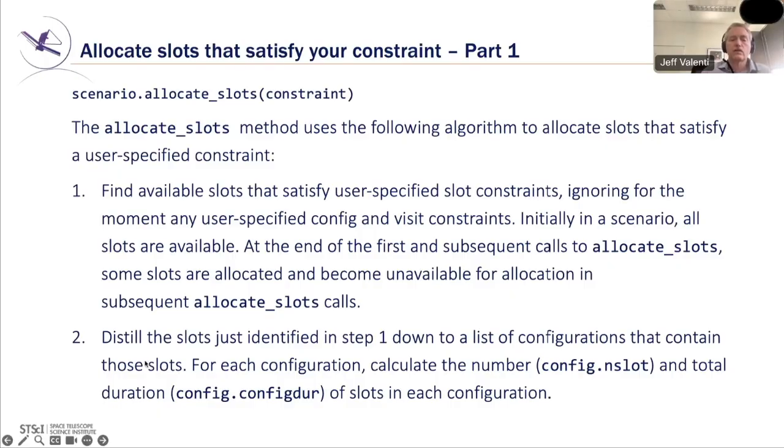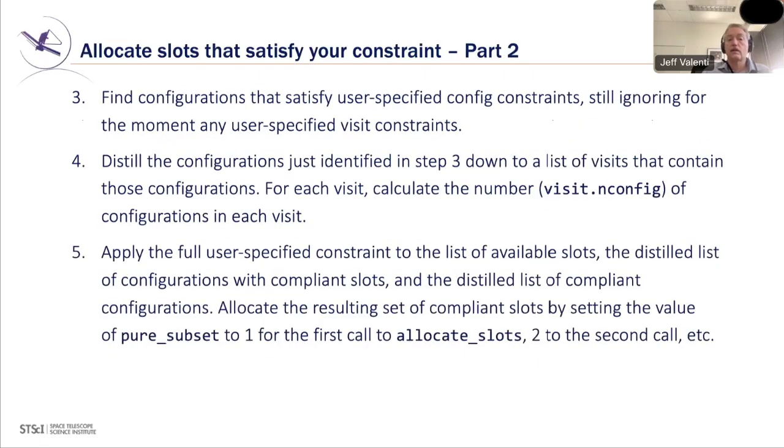Then distill the slots identified in step 1 to a list of configurations that contain those slots. And then for each of those configurations, calculate the total number of slots and the total config duration. And then pare down the list to be only those that satisfy the config level constraints.